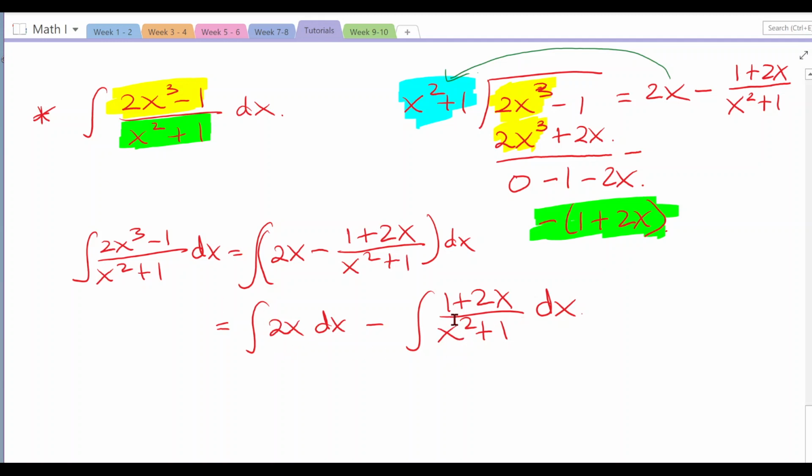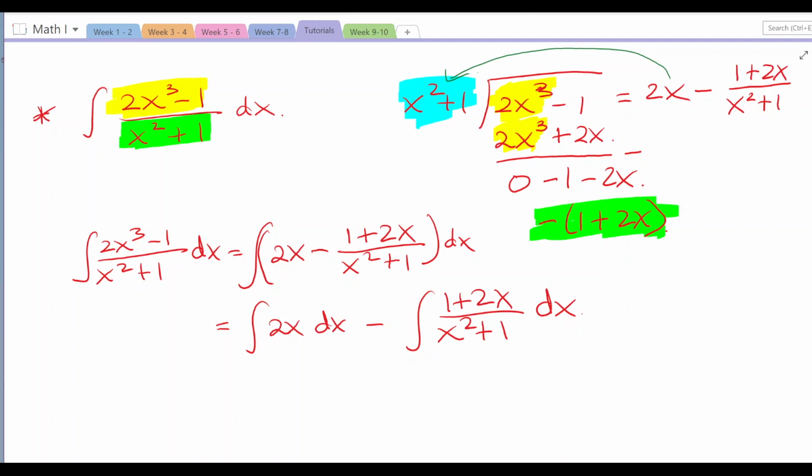This term here is very easy to solve. And this term here, however, requires another processing, but we know that we can also split these terms into two problems. So this term here, highlighted in pink, is going to be split into two.